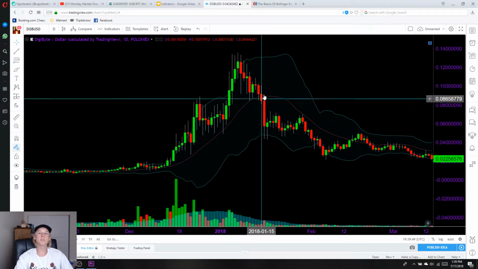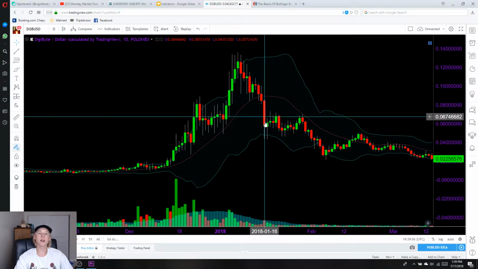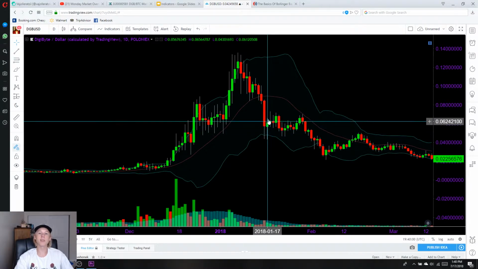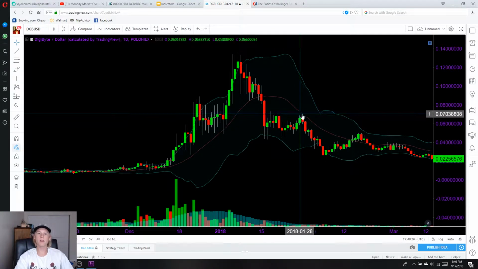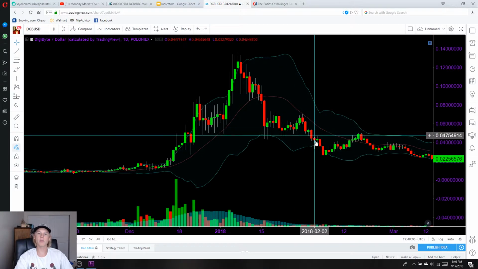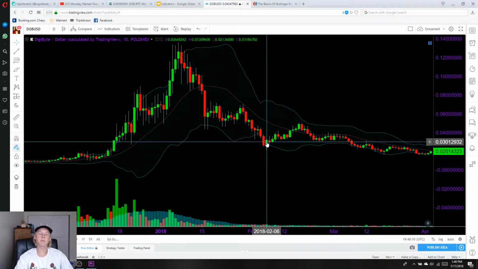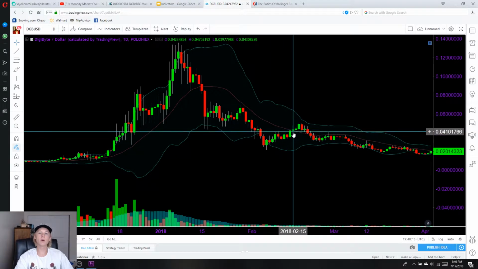Now, once prices break through this middle Bollinger Band, that shows that the trend has reversed. In this case, prices fall, and then we go to retest this lower Bollinger Band. And then the cycle repeats. We'll have a retest of this lower Bollinger Band, and then we'll come up and test this mid Bollinger Band, and then we'll fall again. We'll fall to the lower Bollinger Band, and then this indicates the price is extremely oversold, and then we'll rally to this middle Bollinger Band.